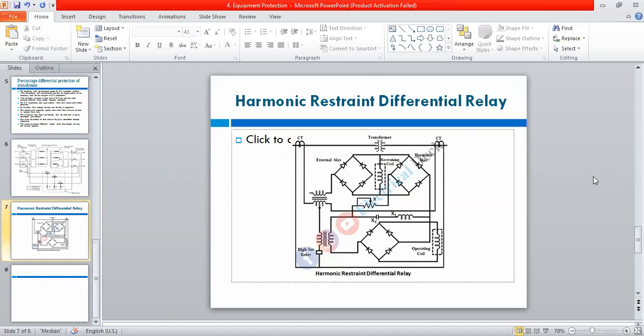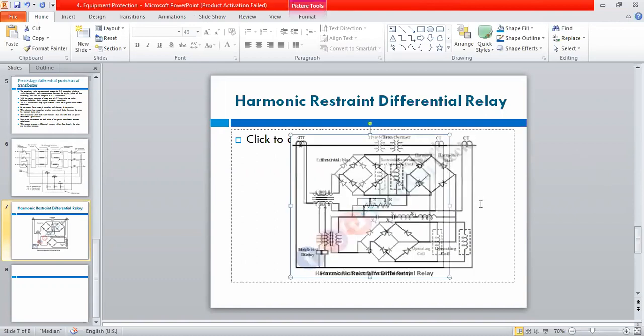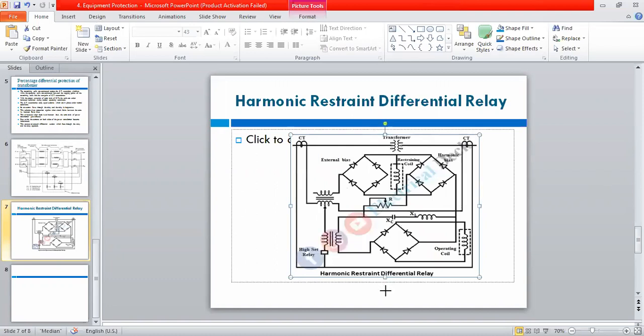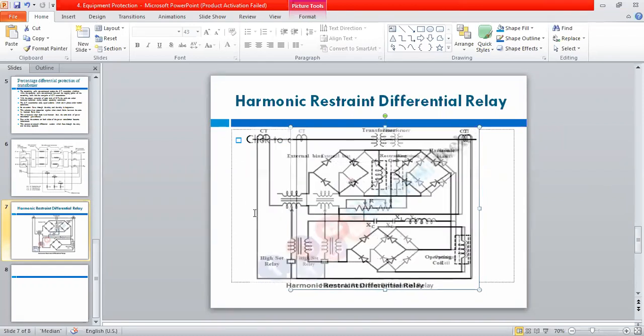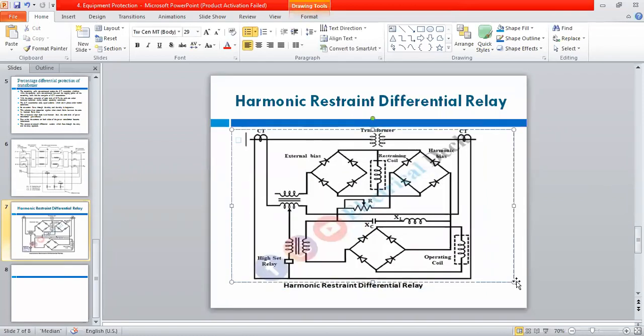So at that time what we have to do, we have to use this harmonic restraint relay. So what is the function of this? Here you can see what we are doing: for removing harmonics, we are using this XC and XL.